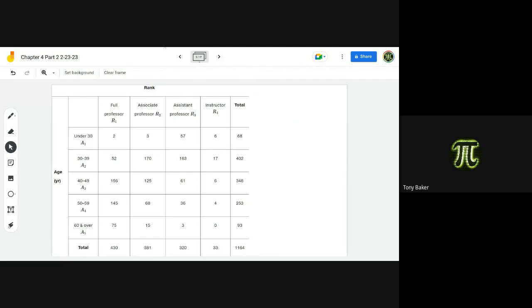All right. So, actually get the exact name of it. This is a chart. It has a breakdown of a bunch of different pieces in it. So it's talking about the types of professors and their ages.